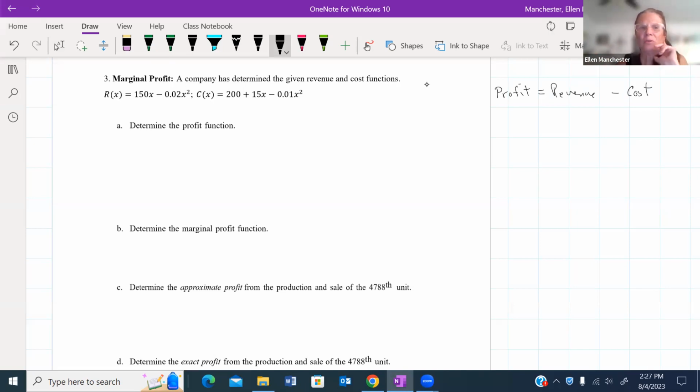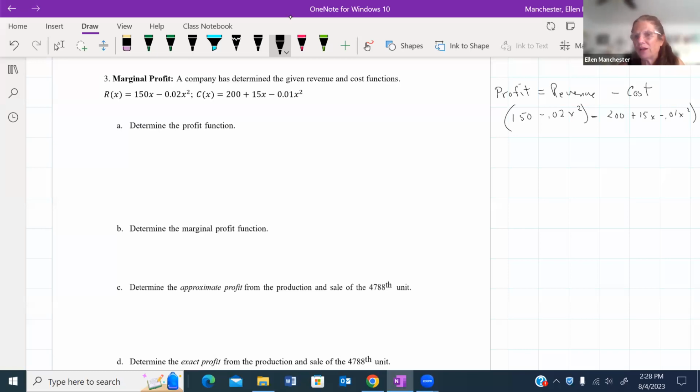Okay, so we have our revenue function. So it's 150 minus 0.02 x squared. There's our revenue. And we're going to subtract off the cost. Now notice I'm putting this in parentheses. The reason why I'm putting this in parentheses is because if I don't have these parentheses here, look what happens.